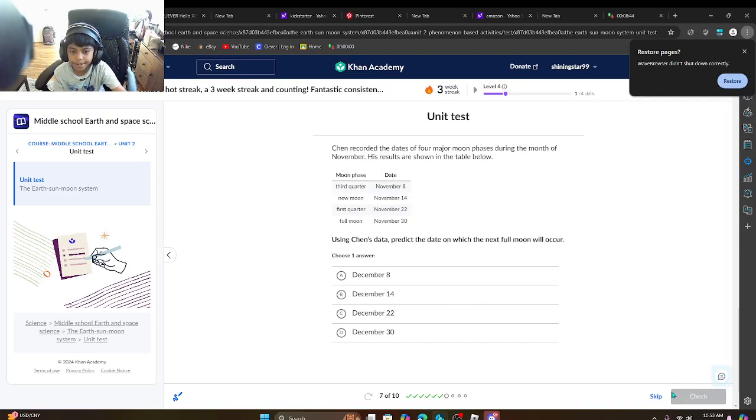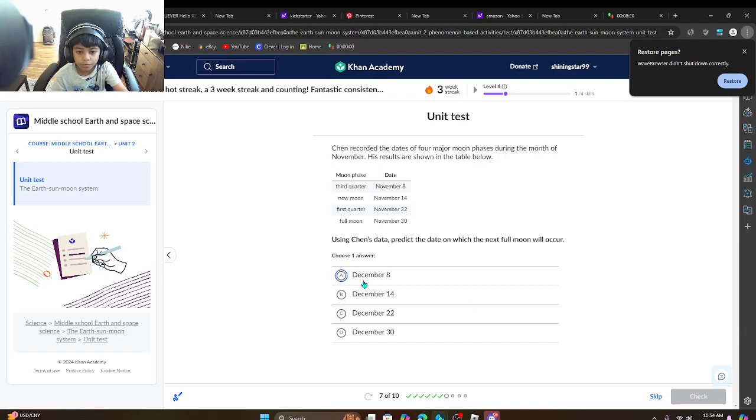Chan recorded the dates of 4 major moon phases during the month of November. His results are shown in the table below. When will the next full moon occur? November has 30 days.